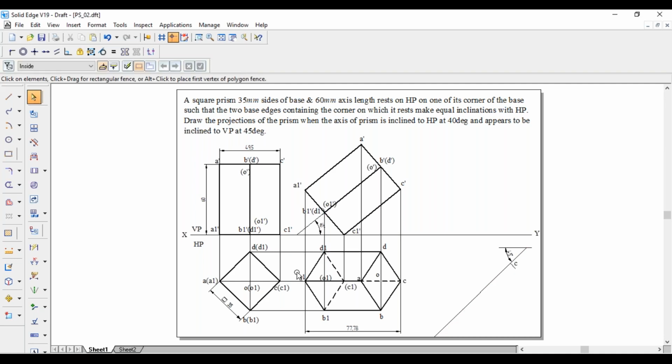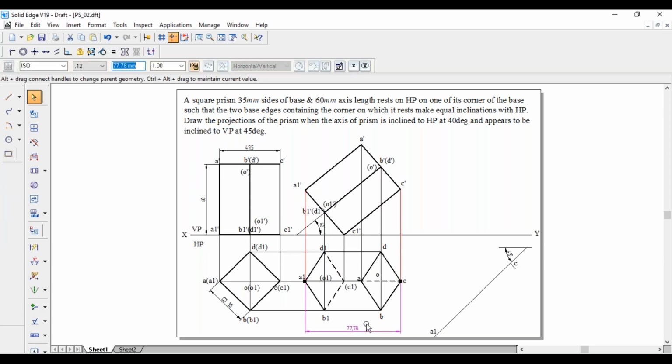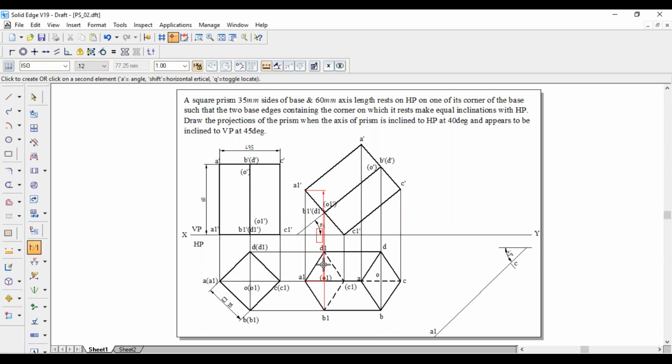Once we mark A1C, now we'll mark the remaining points on that line. Yeah, A1C, that is O1, C1, A, O, C. So for that one, we'll go through the dimensions. A1 to O1, 15.91. Similarly, A1 to C1, 31.82.